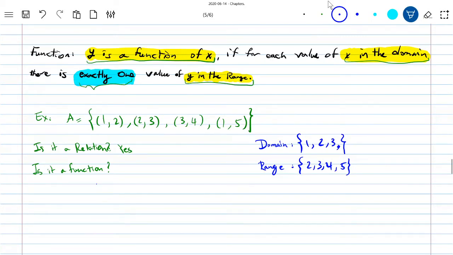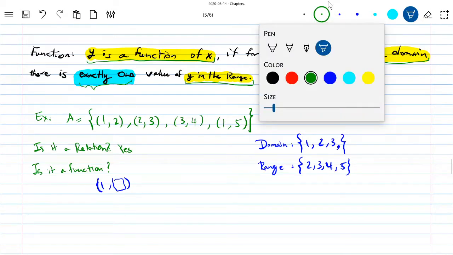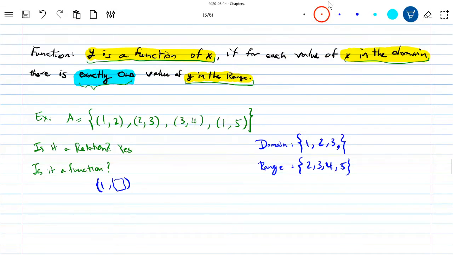If I pick the first entry to be 1, can I specifically find out what is the next entry? In this case, based on the elements in the set A, there is entry 1 as your first entry, the x entry, as well as the last one. I cannot say what is here. I can say it's either 2 or 5. To be a function, you should have exactly one of these.